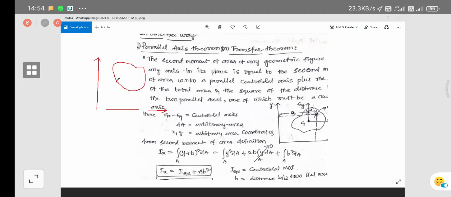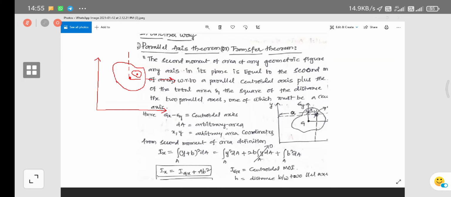This is the total entire lamina. For this lamina I have the centroid. In order to calculate the moment of inertia, I am going to assume one elementary portion, which also has a centroid. So through the entire lamina centroid, I am going to pass two reference axes.